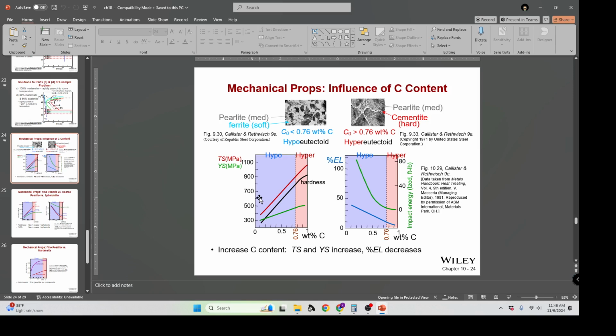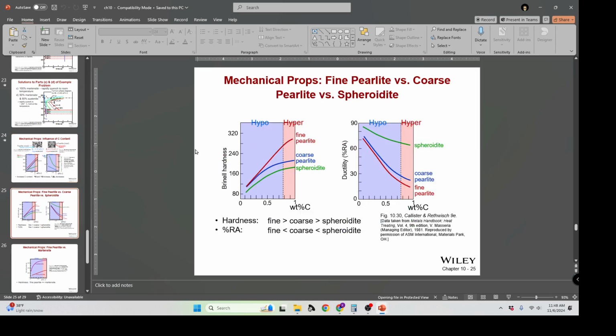So tensile strength goes up with weight percent carbon, and the ductility decreases, so things that we would expect to see. Mechanical properties are, again, inversely related between the hardness and the ductility.